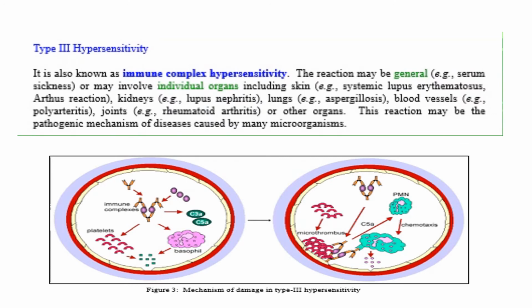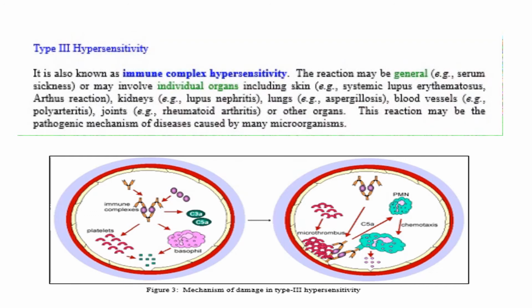So the main difference is the solubility of the antigen: in type 3 hypersensitivity, the antigen is in a soluble form and there will be deposition after formation of antigen-antibody complexes with the aid of the complement system, while in type 2 hypersensitivity there will be insoluble antigen and attachment to the surface of the target tissues.